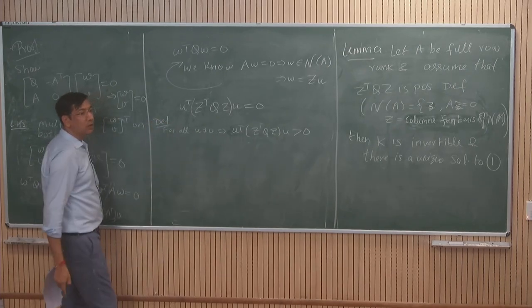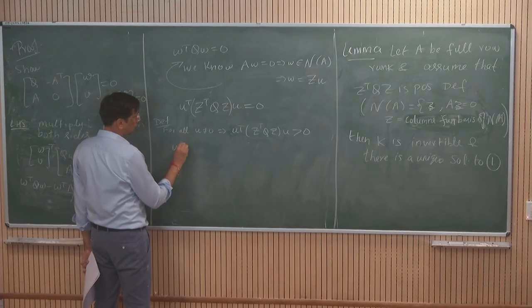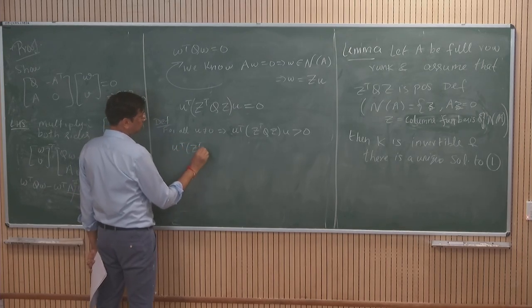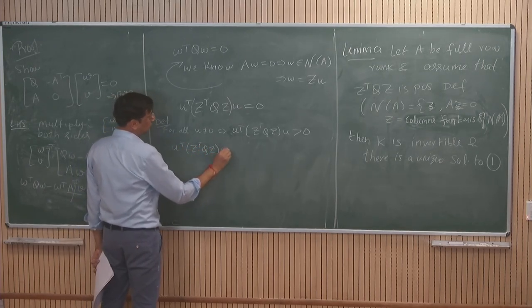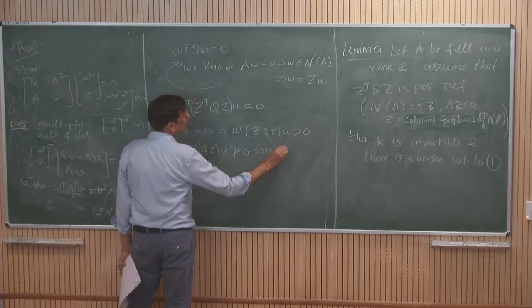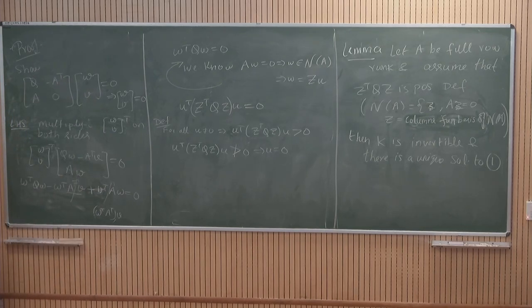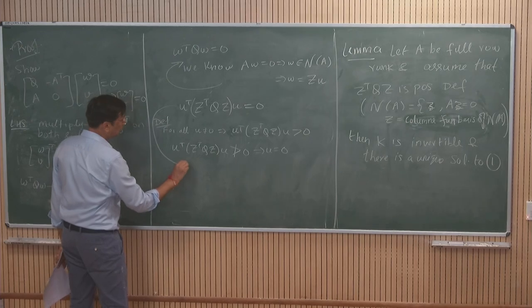What is the negation of this? U transpose Z transpose Q Z U not greater than 0 would imply that U is equal to 0. Yes? Yes or no? So what do we get?